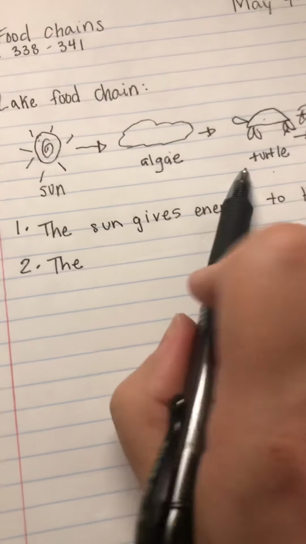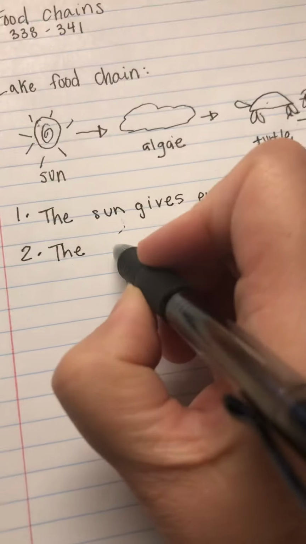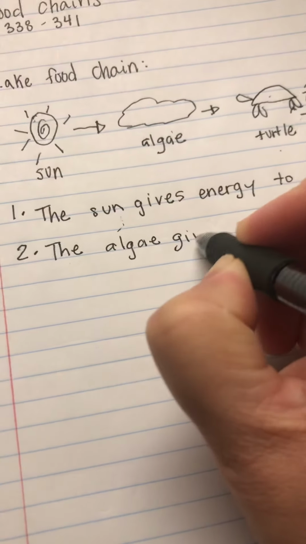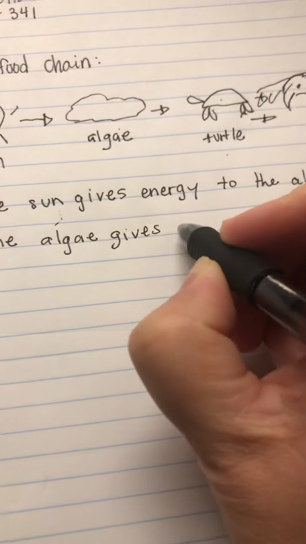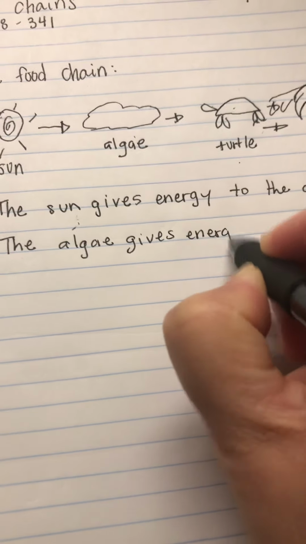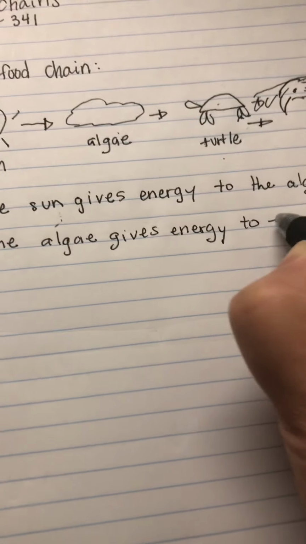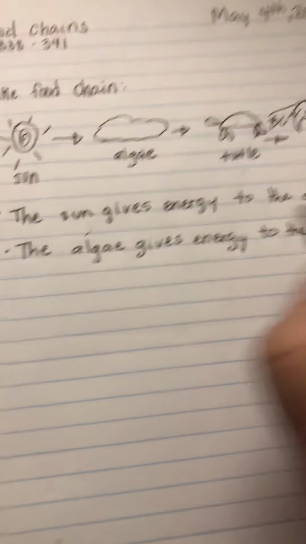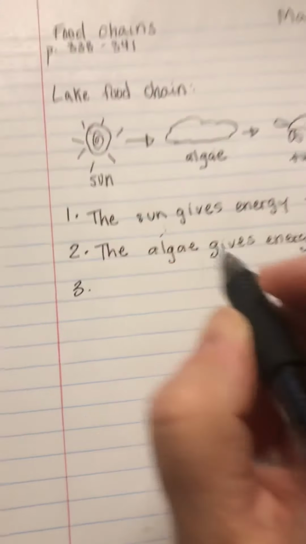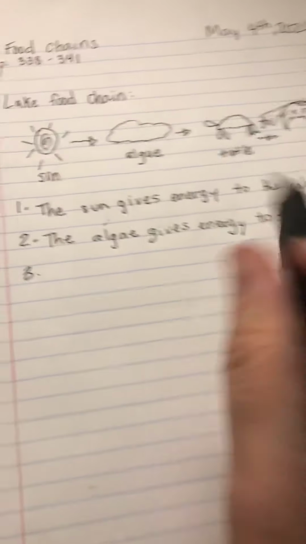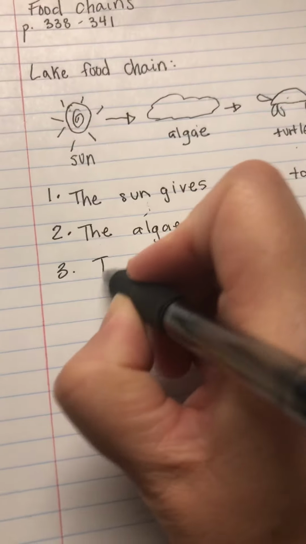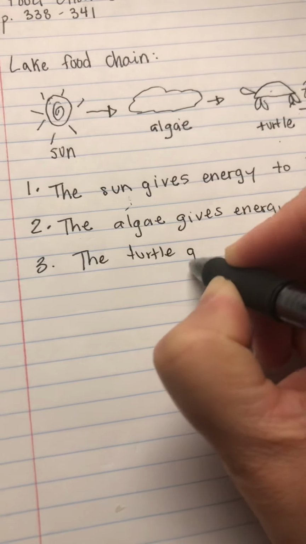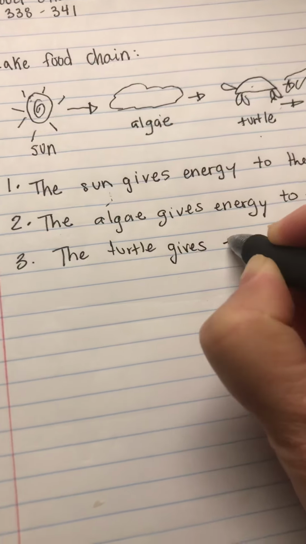The algae gives energy to the turtle. And the turtle gives energy to the eagle. And this is a food chain.